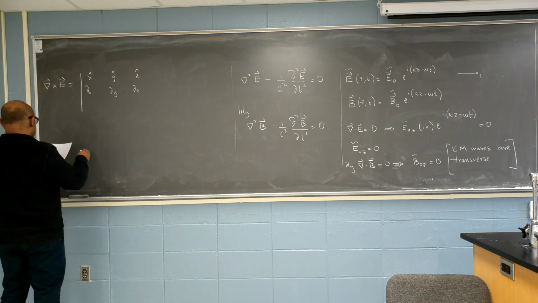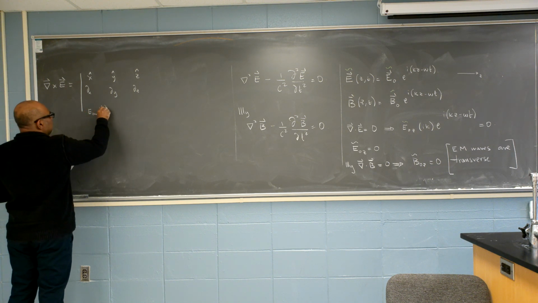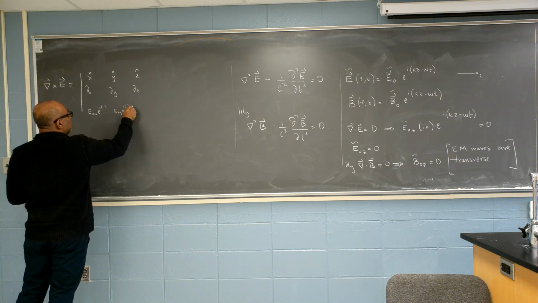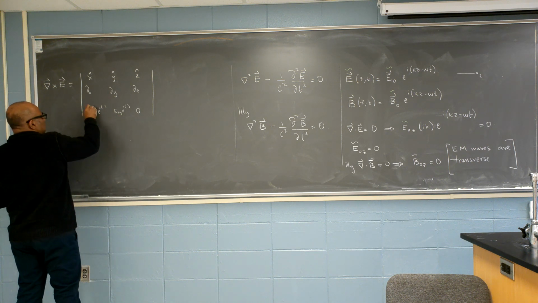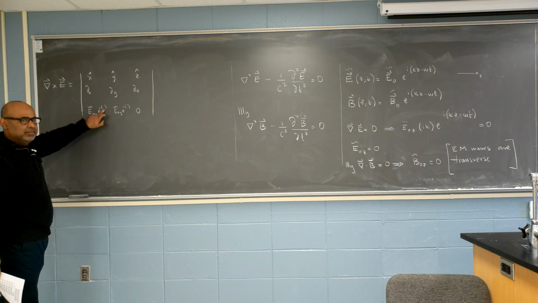And then I have E0x e to the i, E0y e to the i, and this is 0, and these two are complex numbers. I don't have enough space, so I'm not writing kz minus omega t.